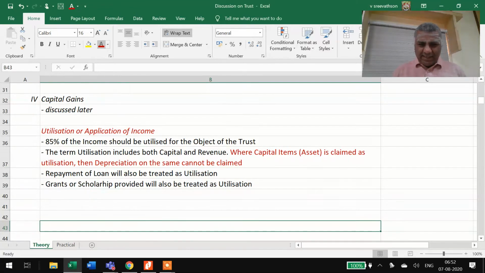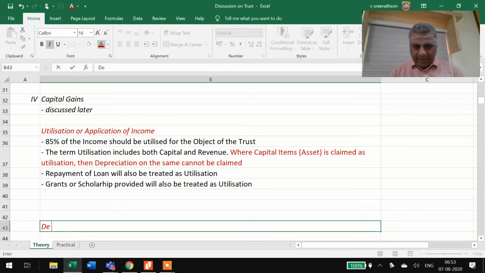Friends, leave 2 3 lines, because later if we remember something on utilization, we will come back and write. We have covered everything, but if at all we missed something, we will write it.